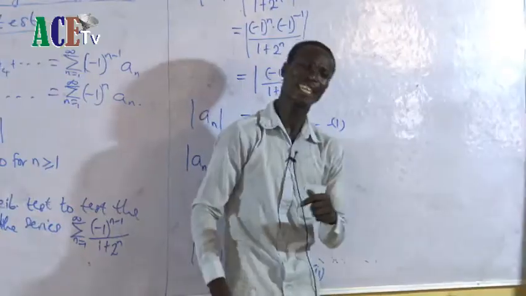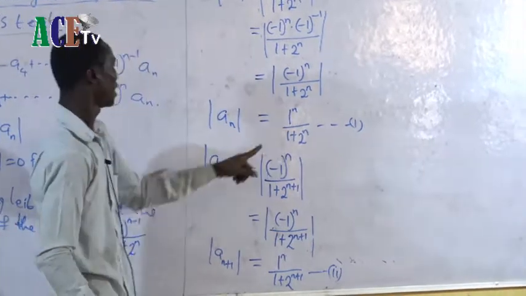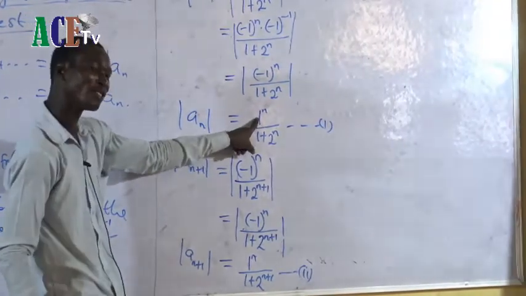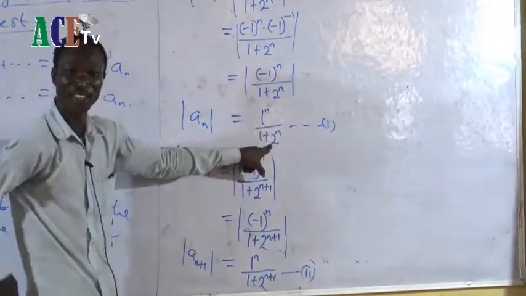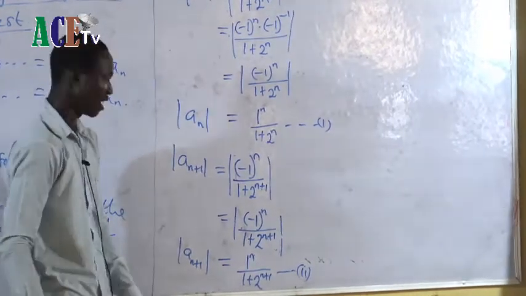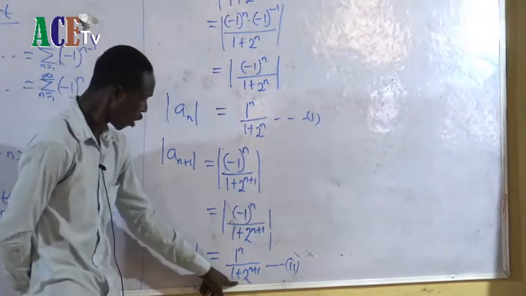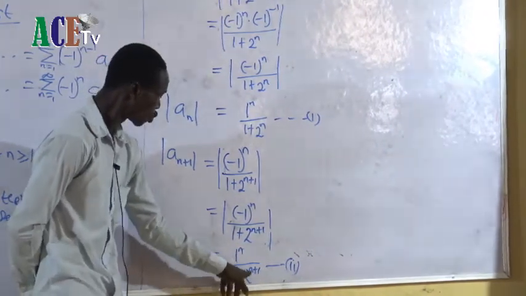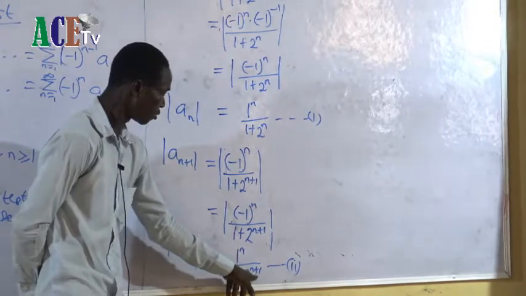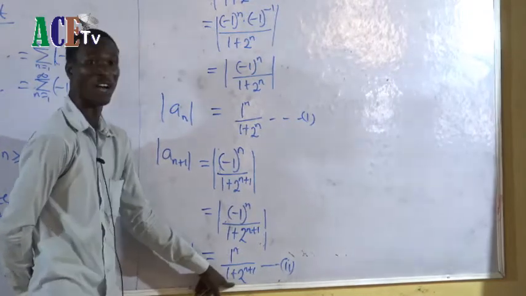Now, if my n is 1, here I will have 1 over 3, and this one will be 2 squared, which is 4, plus 1, 5, so I will have 1 over 5 here.